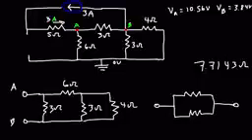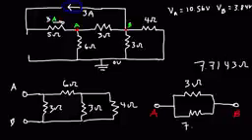So going from point A to point B, there's 2 options. The current can flow through the 3 ohm resistor, or it can flow through an equivalent resistance of 7.7143 ohms. And we have 3 amps of current entering this branch.